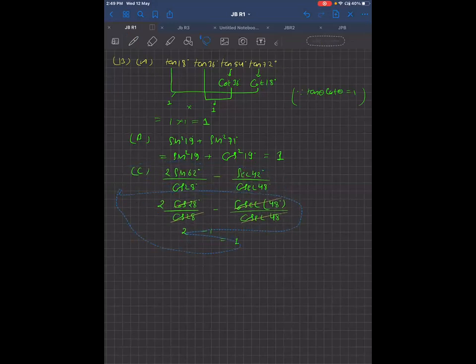No one has doubt in 14. Okay, actually this 14 is the same as we have done in class. Replace half of the sine square in terms of cos square, and then use sine square theta plus cos square theta equals to 1.